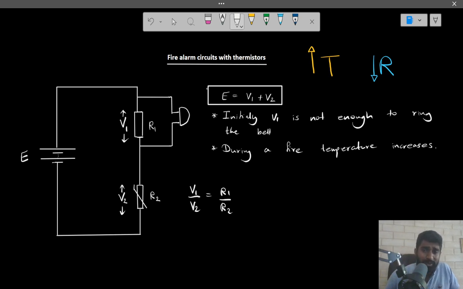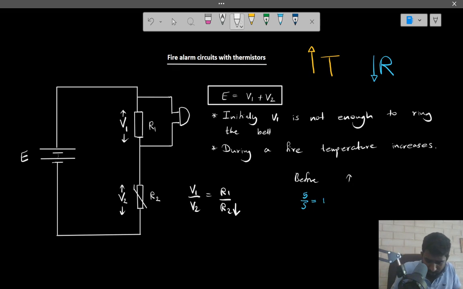V1 over V2 is equal to R1 over R2. During a fire, as I told you, temperature increases. If the temperature increases, what will happen to the resistance of the thermistor? It will decrease, which means R2 will decrease. Before the fire, let's imagine R1 is 5 and R2 is also 5, so you get 5 over 5, which is equal to 1.